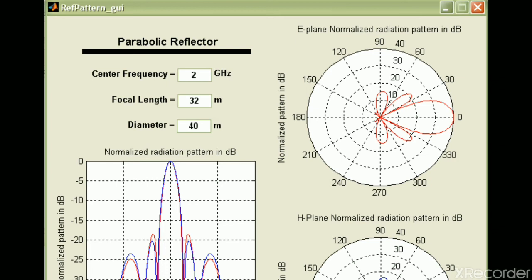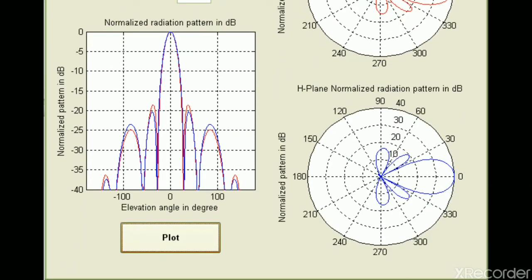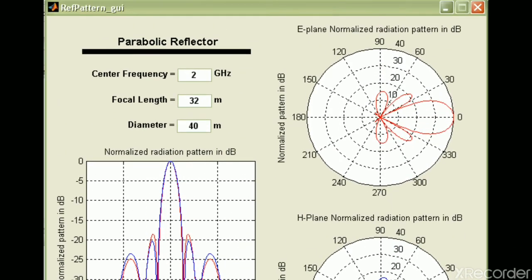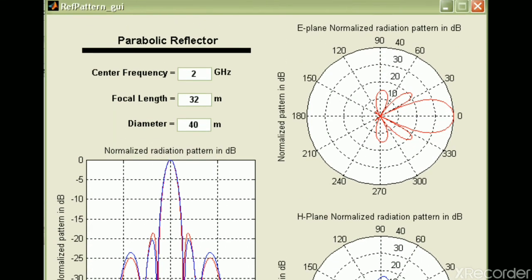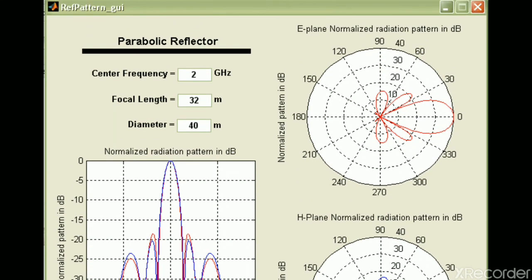So we have plotted this radiation pattern for E plane and H plane for 2 gigahertz frequency, also with the elevation angle in degrees. So you should know what the focal length is.